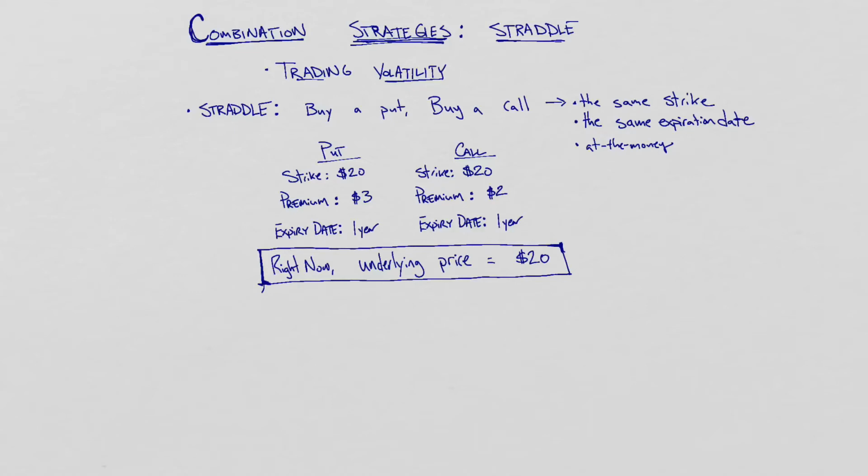So this straddle, let's see how we would make profit. To make a profit on this strategy, we first should calculate the break-even point. And it's almost like we have 2 break-even points now, because either the stock can go up or it can go down.